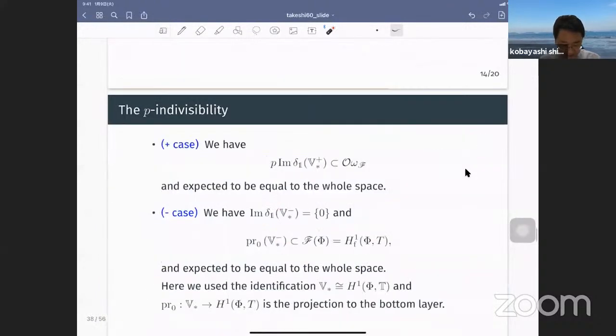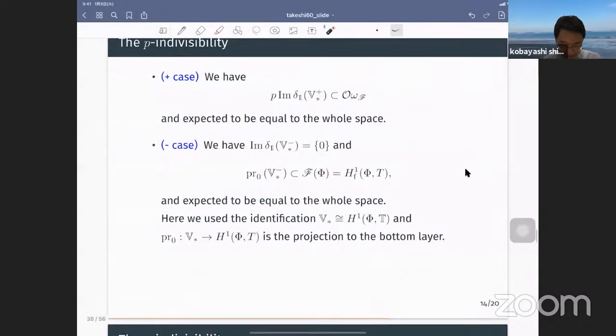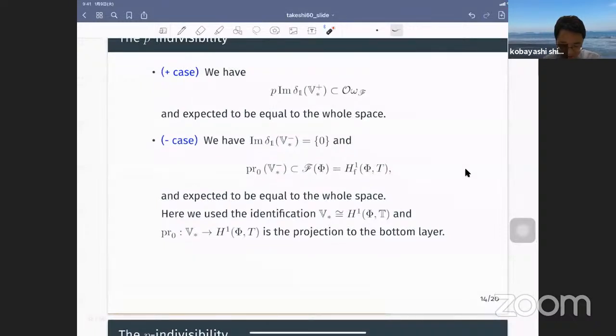And in the minus case, V minus star is killed by the bottom dual exponential map by definition. So the bottom element defines a local point of the formal group.